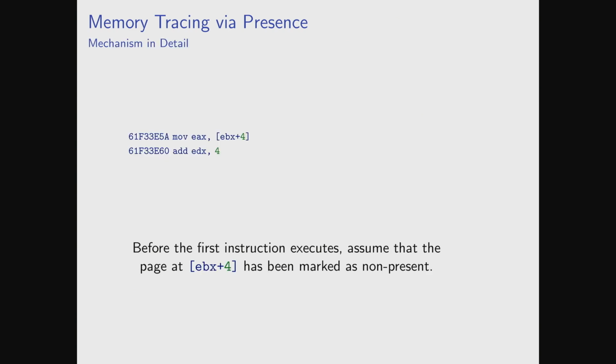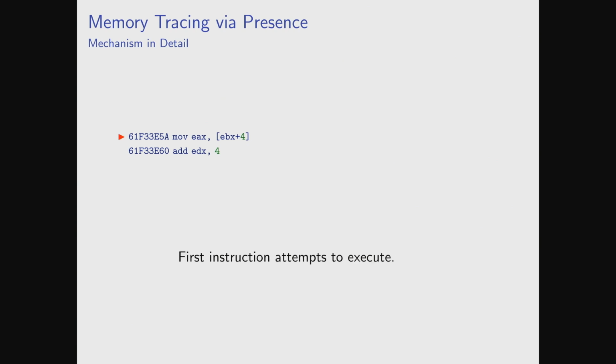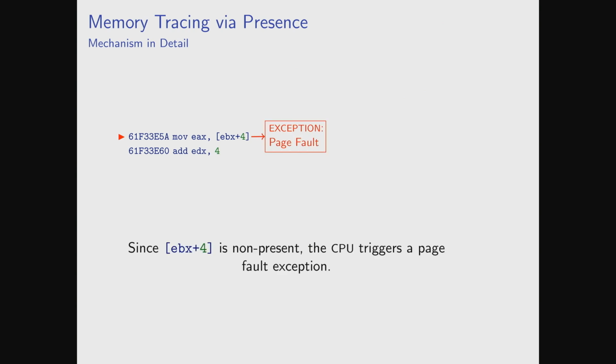So here's an animation of how this process plays out in real time. Let's assume that this first instruction here is going to access memory, and that we have marked this page at EBX+4 as non-present. So then when the instruction goes to execute, because the memory is non-present, the processor generates a page fault exception.